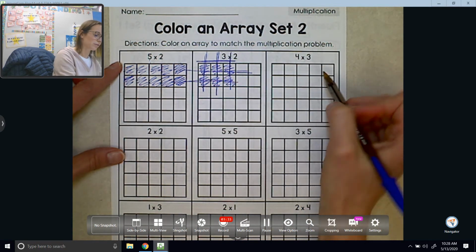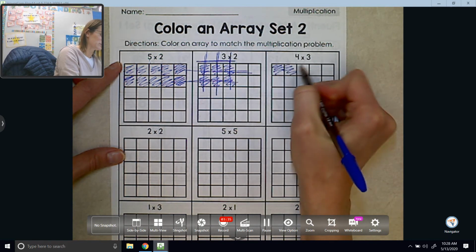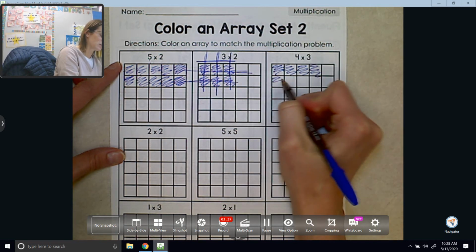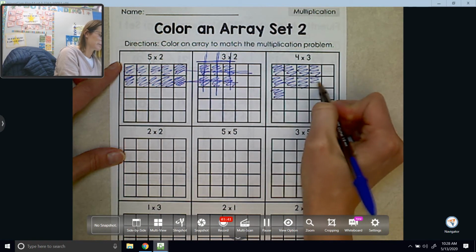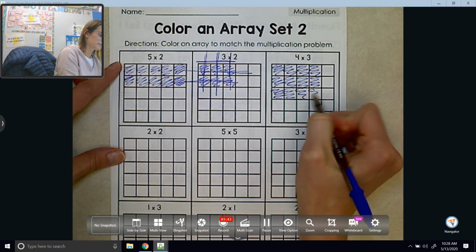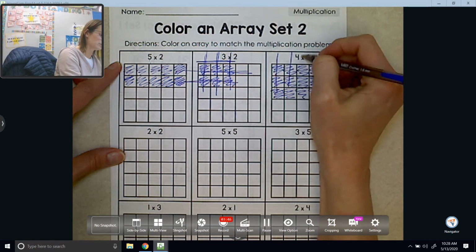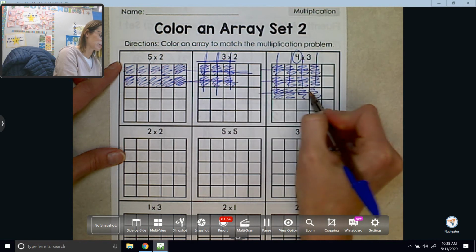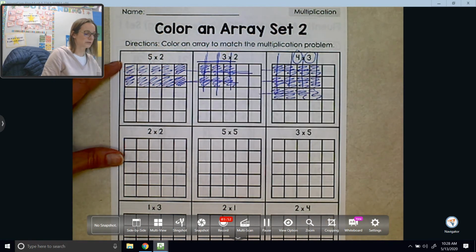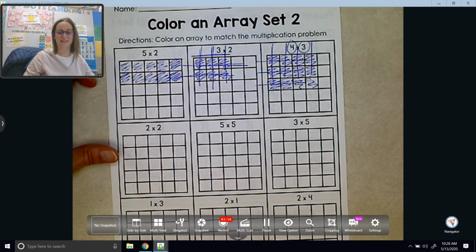Then 4 times 3. 1, 2, 3, 4 columns times 1, 2, 3 rows. Alright, good luck with the rest on that one.